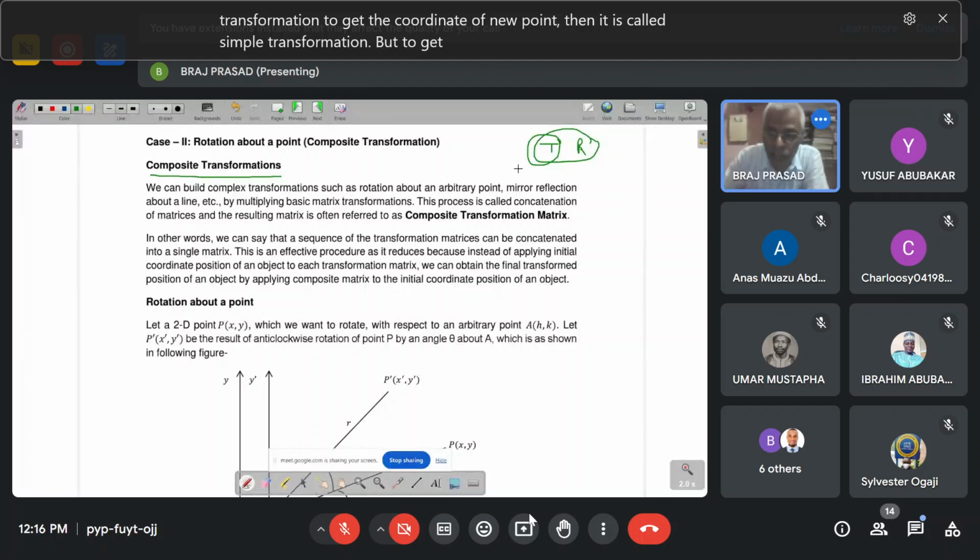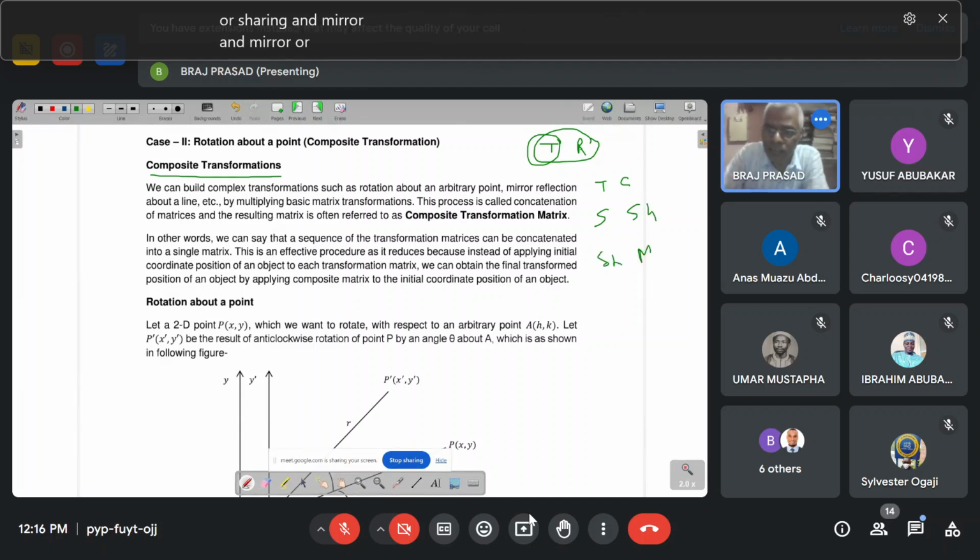But to get the new coordinate of the object by using two or more than two transformations, like translation and rotation, translation and scaling, scaling and shearing, or shearing and mirror, or translation, rotation, scaling, shearing.